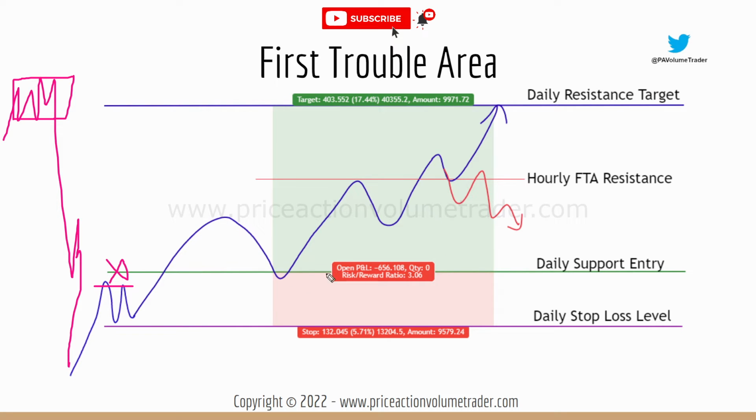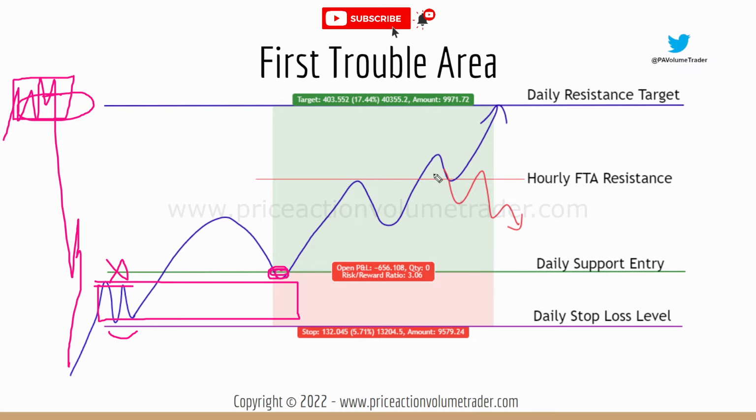So let's say we want to get into a retracement on the daily support area, right into this area of demand here. We get our entry here, our stop loss right below the consolidation here, or the area of demand or support, and we put our take profit into this daily supply area here.